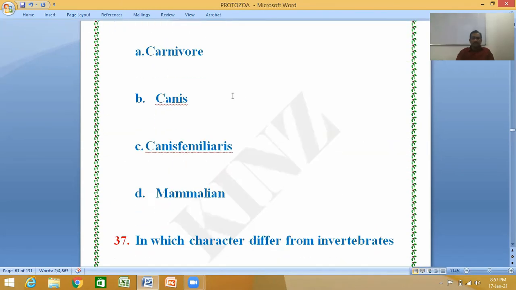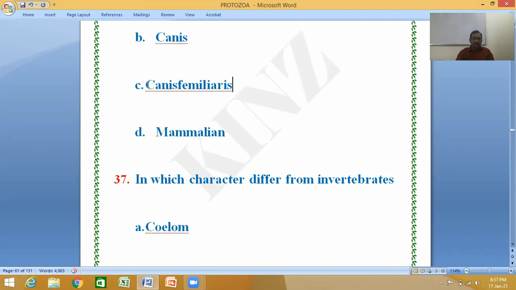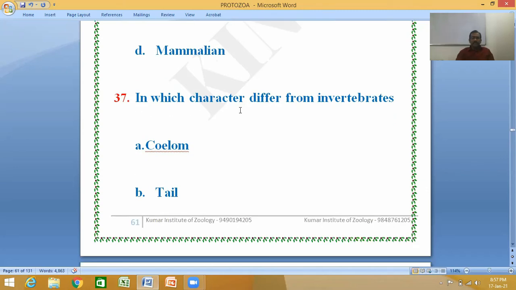Identify the species here. Carnivora, or carnivore, is not the species; Canis familiaris is the species name. Mammalia is the class. So the best option is C. In which character do vertebrates differ from invertebrates?